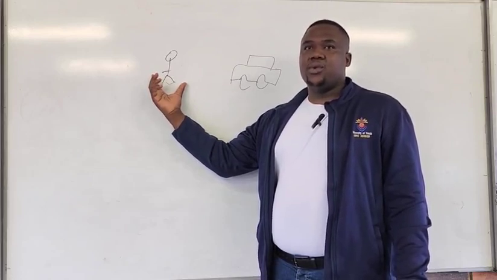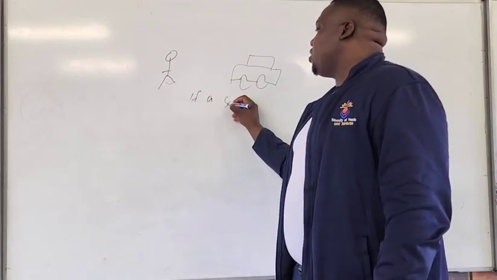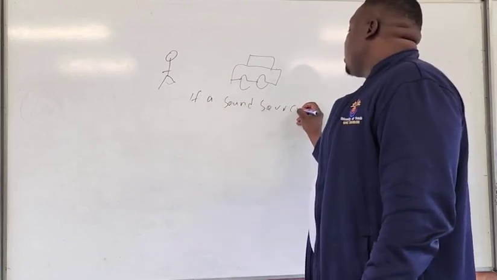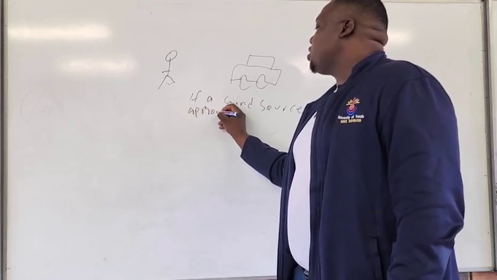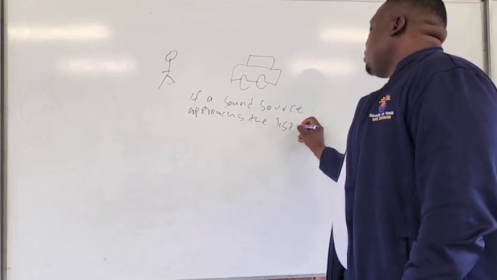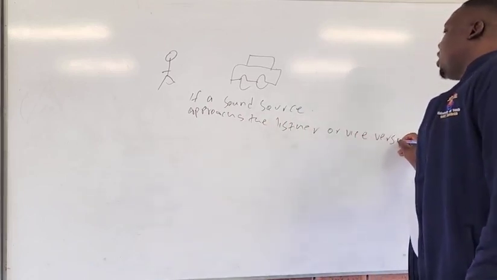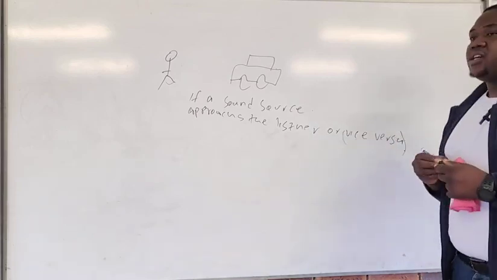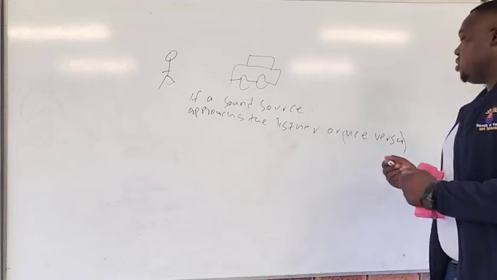That is something that we need to take note of: if a sound source approaches the listener, or vice versa. What do we mean by vice versa for this statement? We mean the listener approaching the sound source. So that's what we mean.